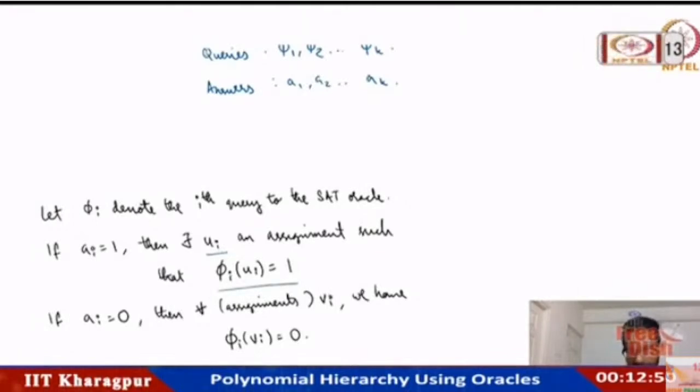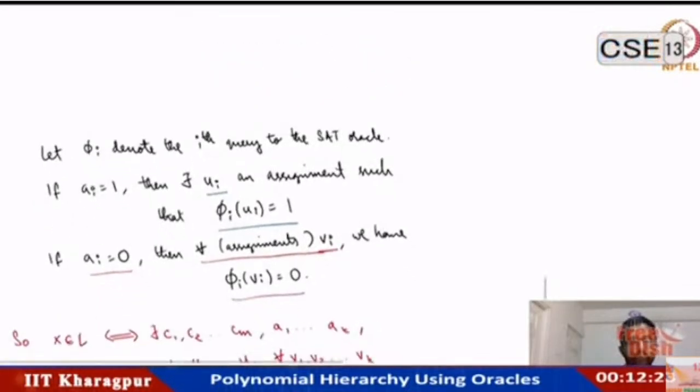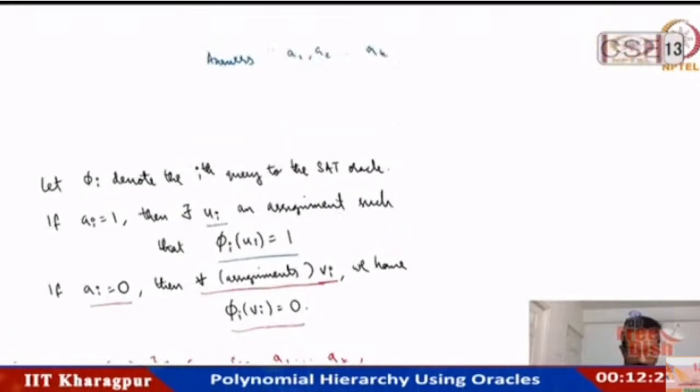So phi i, when given the assignment Ui, evaluates to true, or 1. If Ai is 0, which means it is not satisfiable, then there is no satisfying assignment: for all assignments Vi you try, phi i of Vi will be 0. Whatever you input, it will be 0.